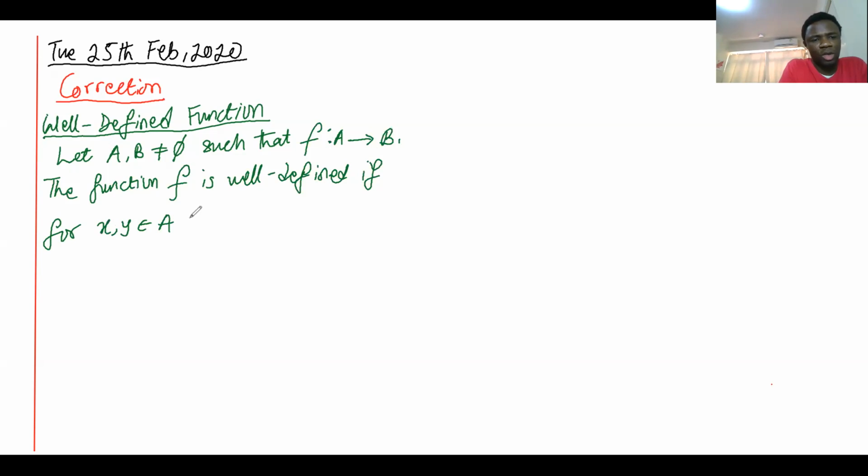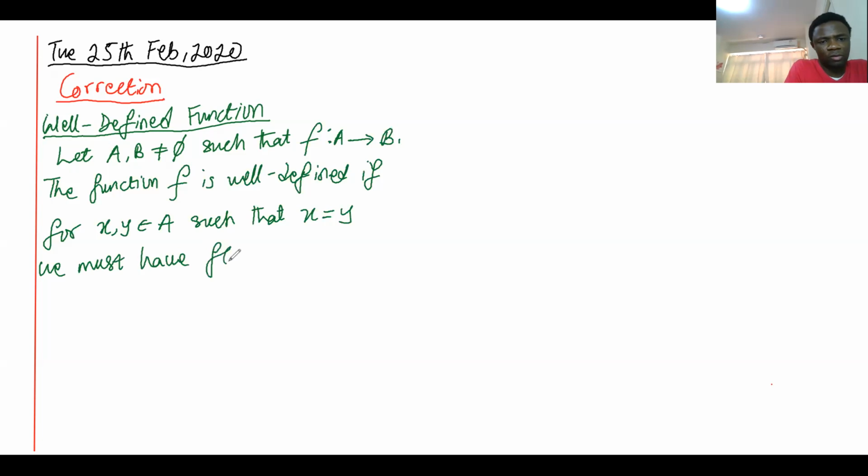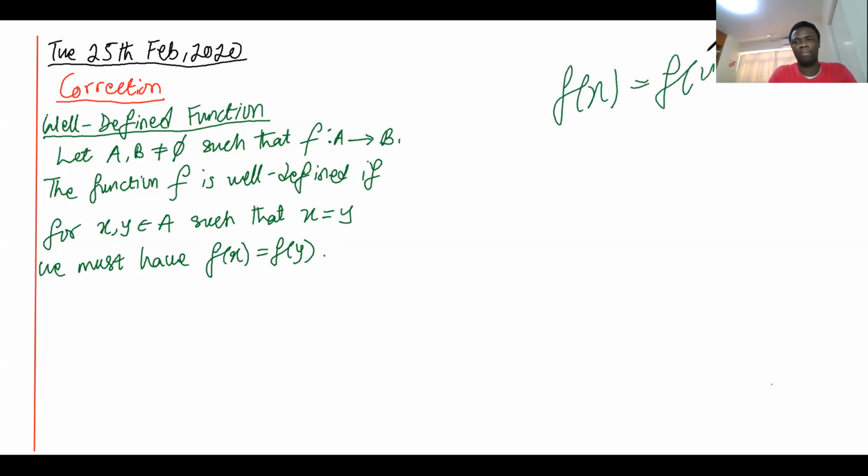For any two arguments that you have, such that they are equal, we must have f of x equal to f of y, not the other way around, okay? Yesterday I mentioned if we have f of x equals f of y, then x must be equal to y. No, I should have put it the other way, okay?